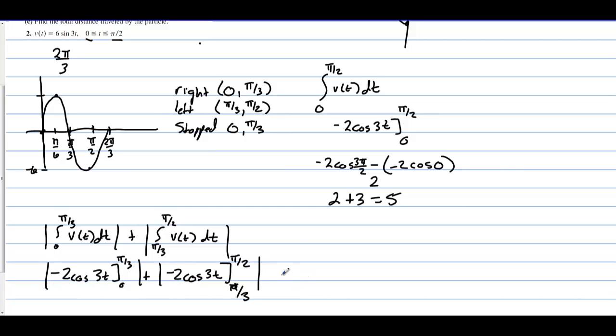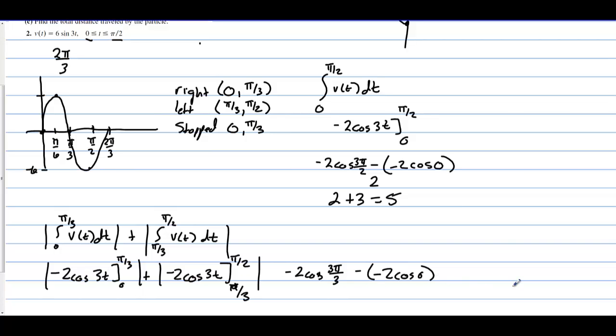With total distance, we want the total area, the total displacement, if you will. That's negative 2 cosine of 3 pi over 3, or just pi, minus negative 2 cosine of 0.